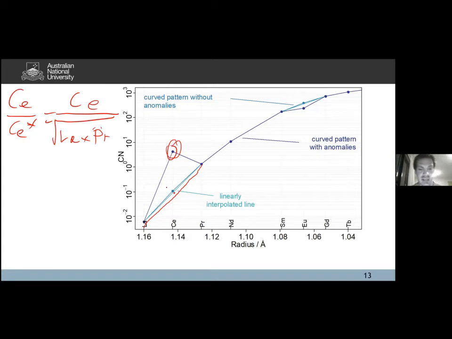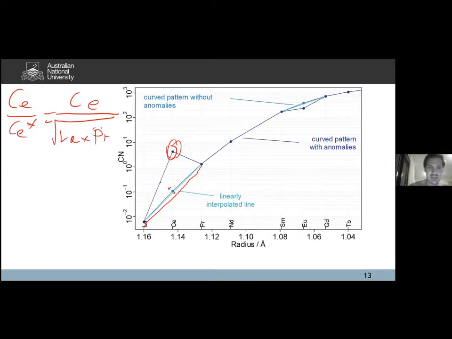But this is a linear line and our pattern is curved. There's some curvature here. And let's say the real cerium contents, if you didn't have an anomaly, would actually not be on this line. There would be this blue circle here. And it may look like there's not a lot of difference there because the lines are almost overlapping, but that's an artifact of how we display the patterns.